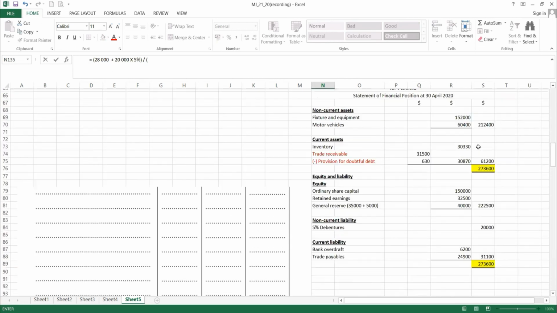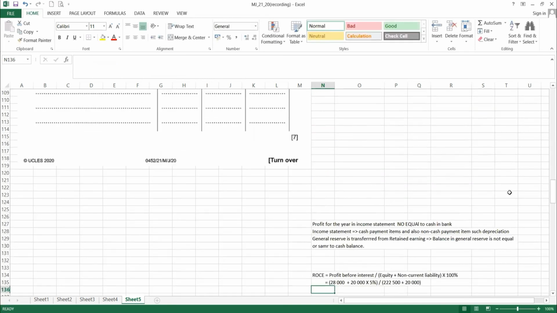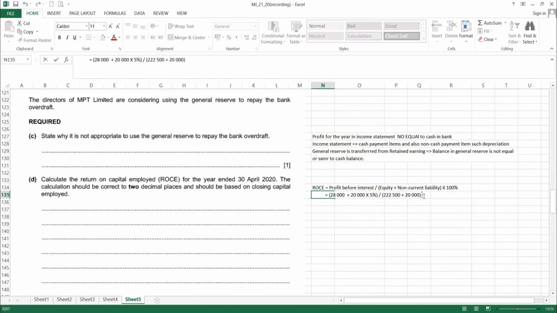Then after that, divide by the equity. They say to use the closing balance. So this amount, 222,500 plus 20,000. Okay, so that is the amount that we have. Then we times 100%. So this is the working we should get. Now use the calculator. I calculate first 28,000 plus 20,000 times 5%.